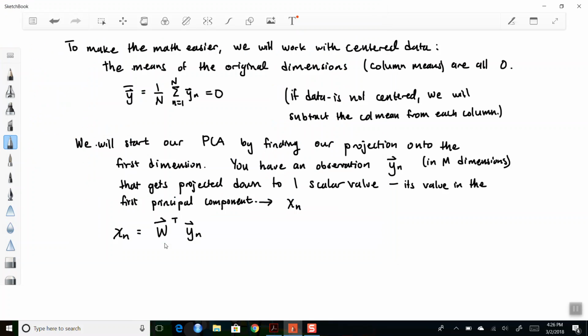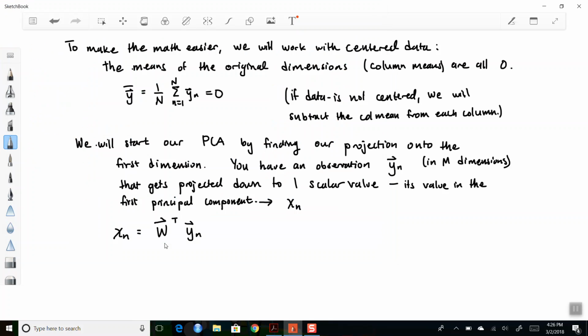So we're going to go from 7 down to 1, or 50 down to 1. Okay, so this will just be our first principal component, and this is going to be the one that captures the most amount of variation. Okay, and then the second principal component would be the one that's orthogonal to the first and captures the most amount of variation of what remains. Okay, so we'll just start with the first example.